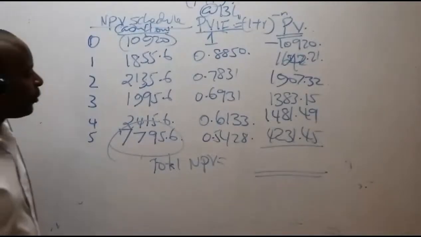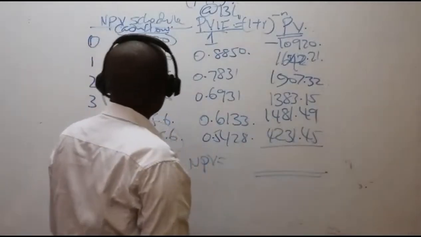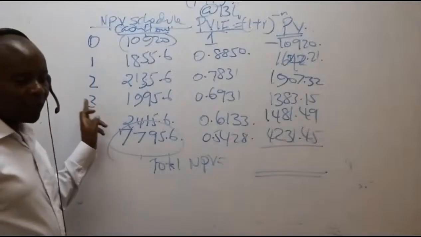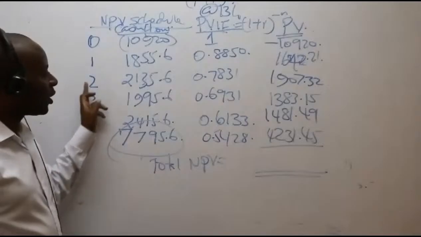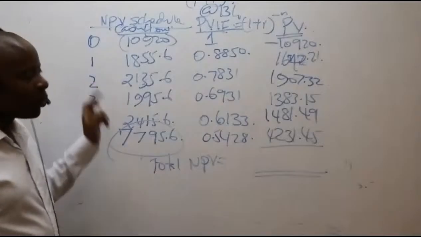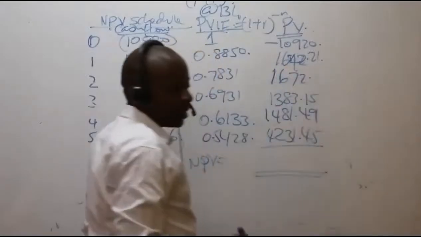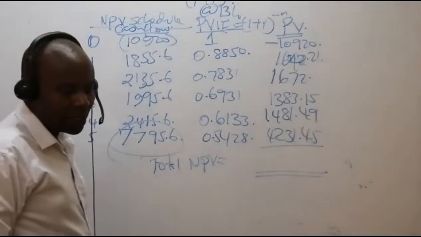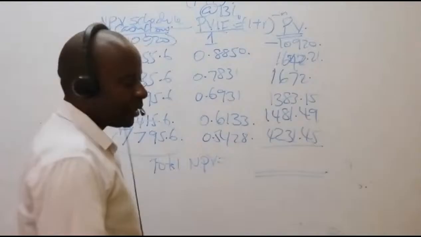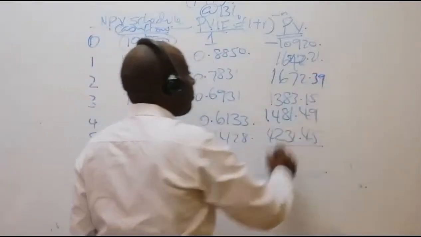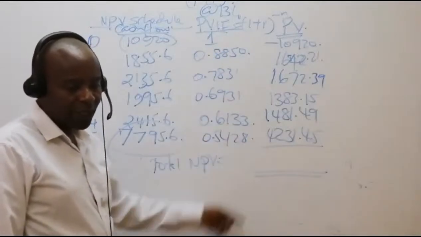Third figure is supposed to be 1670. Now, the third figure, are we talking of the third year or second year? Year 2. Year 2 is supposed to be 1672.39. Thank you very much. So now I suppose that all our figures are correct.